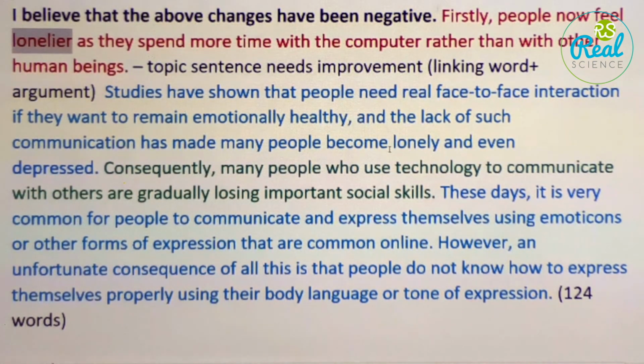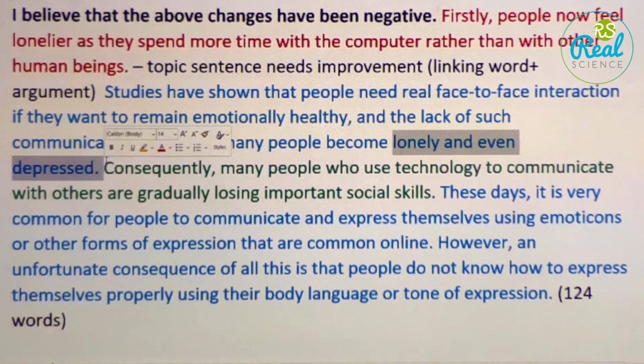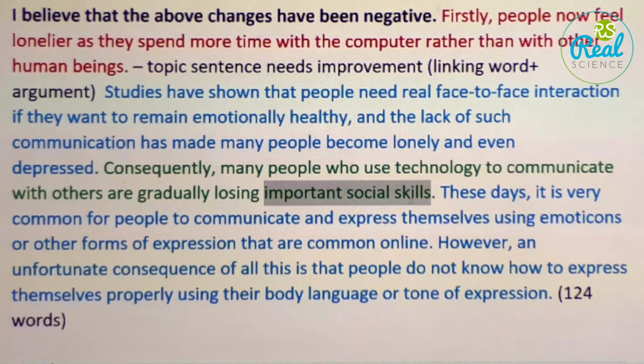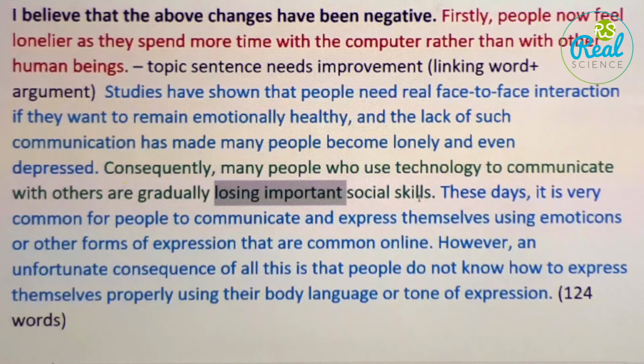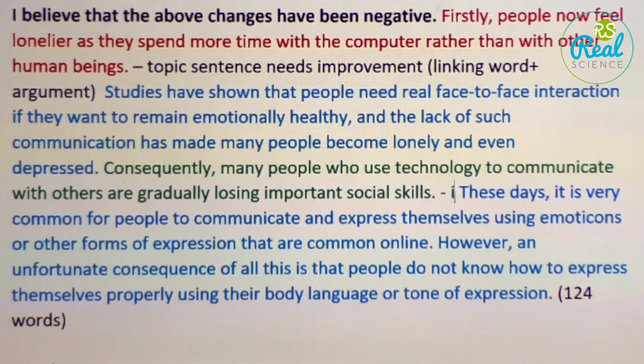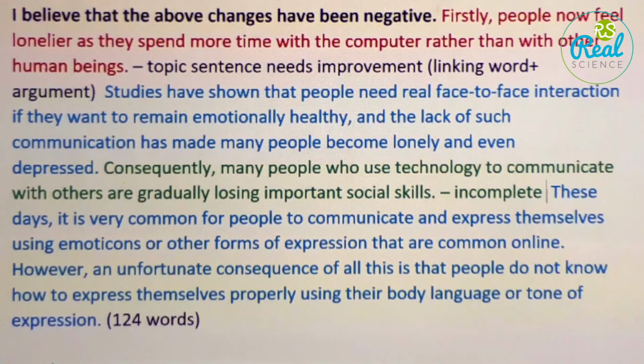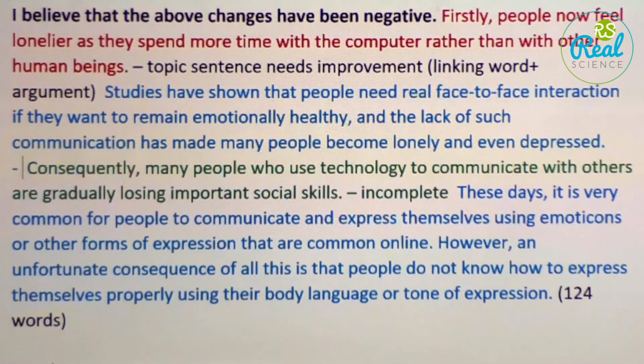And here it's almost stating the same thing again. And here they're saying it's losing social skills. So it would be better to make this sentence shorter and say what kind of social skills they are losing, such as people becoming closed. This sentence seems incomplete. And this one is repetitive.